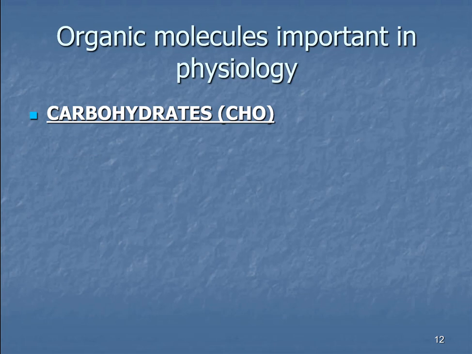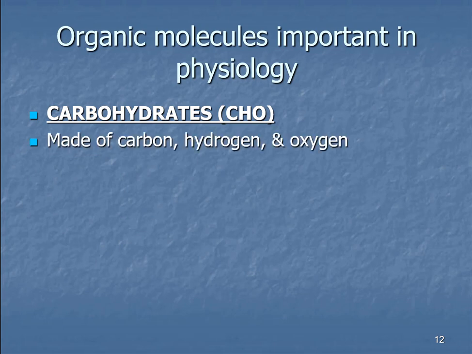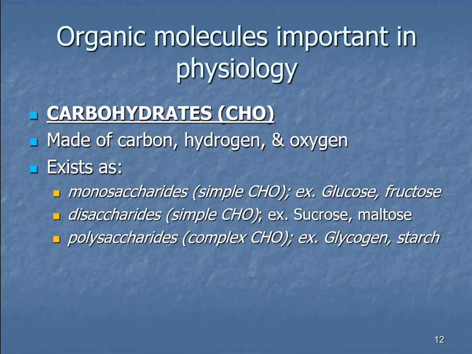So, a brief overview of carbohydrates, made up of carbon, hydrogen, and oxygen. They exist as monosaccharides, disaccharides, or polysaccharides, and that just refers to the number of units. I put some examples here, but really what you're going to see the most in this class: for monosaccharides, the big one we're going to come across is glucose, which is your blood sugar.